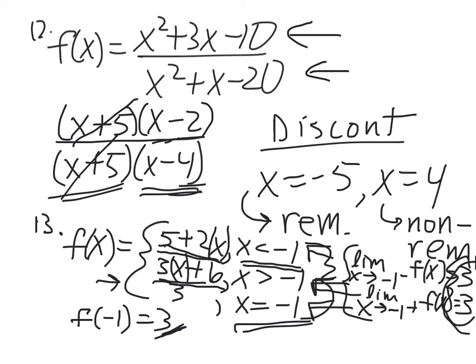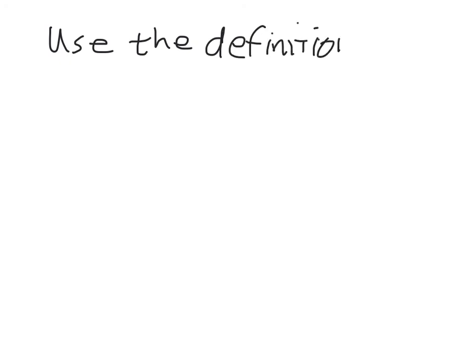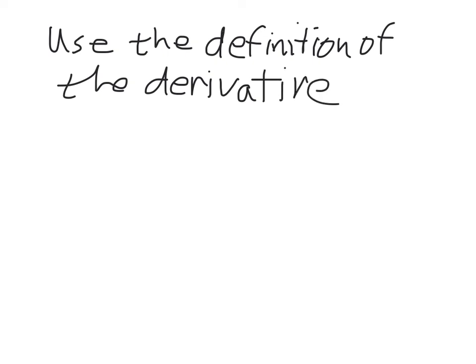However, looking at the last page of test 1, number 18 says use the definition of the derivative. And I can tell you there will be a problem like this on the final. If you use the shortcuts and get the derivative, no, you're still going to get it wrong. You've got to go through the entire process.